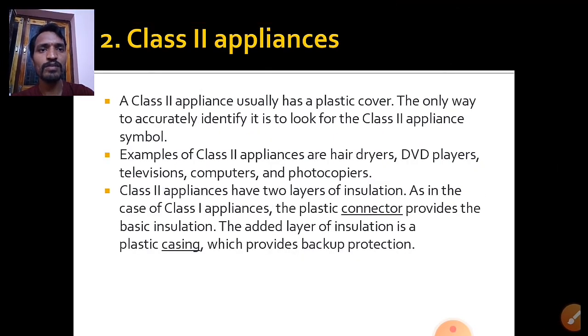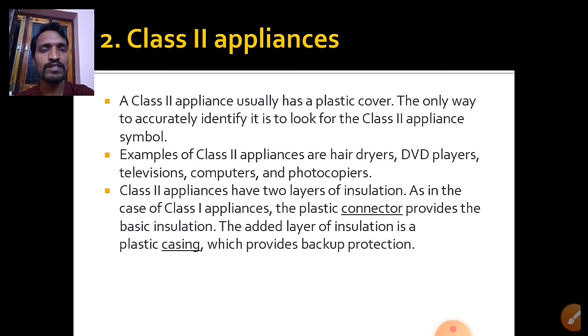Now coming to class 2 appliances. A class 2 appliance usually has a plastic cover. The only way to accurately identify it is to look for the class 2 appliances symbol. We can conclude that by the symbol on the appliance, which we have seen earlier.